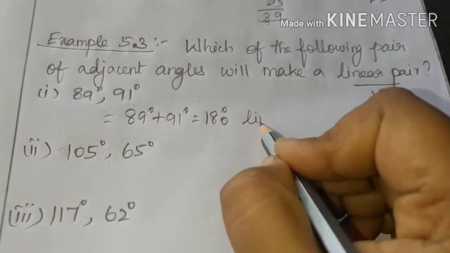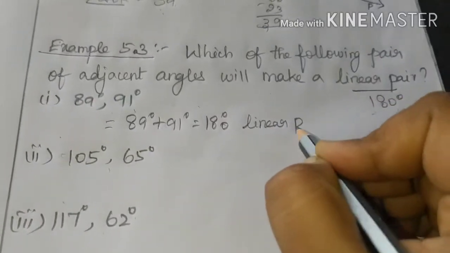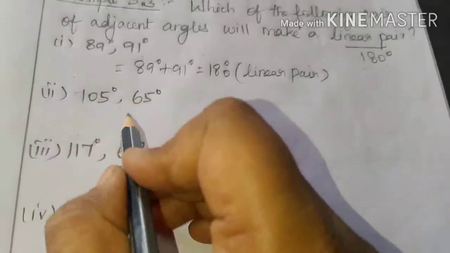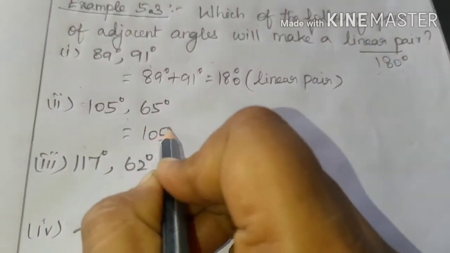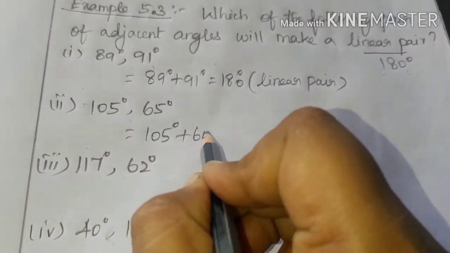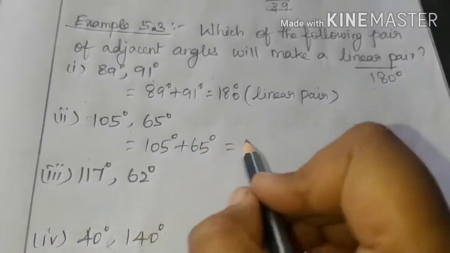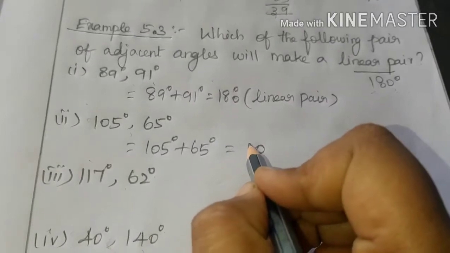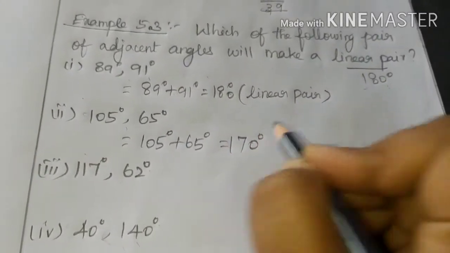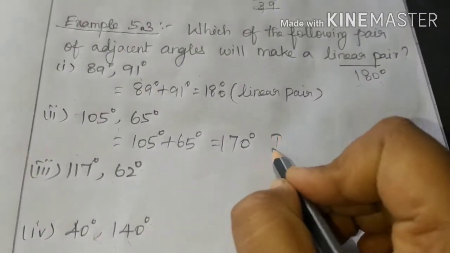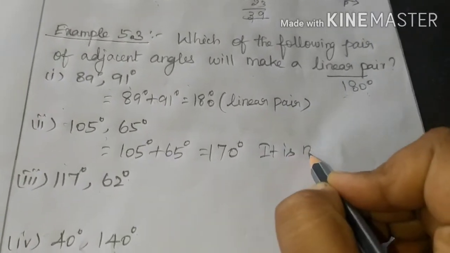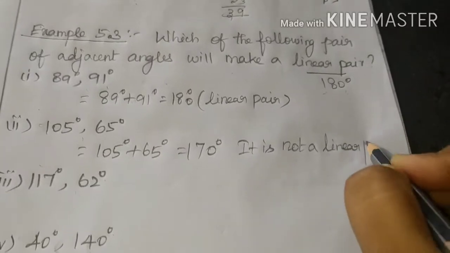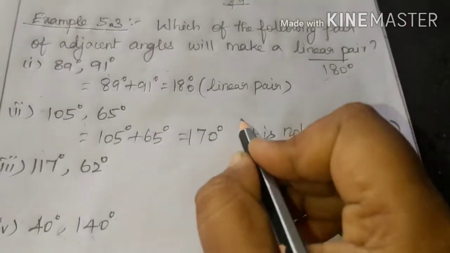Okay, so next I am going to do 105 degree plus 65 degree. 5 plus 5 is 10, carry 1, 6 plus 1 is 7. So I will get only 170 degree. So it is not a linear pair.